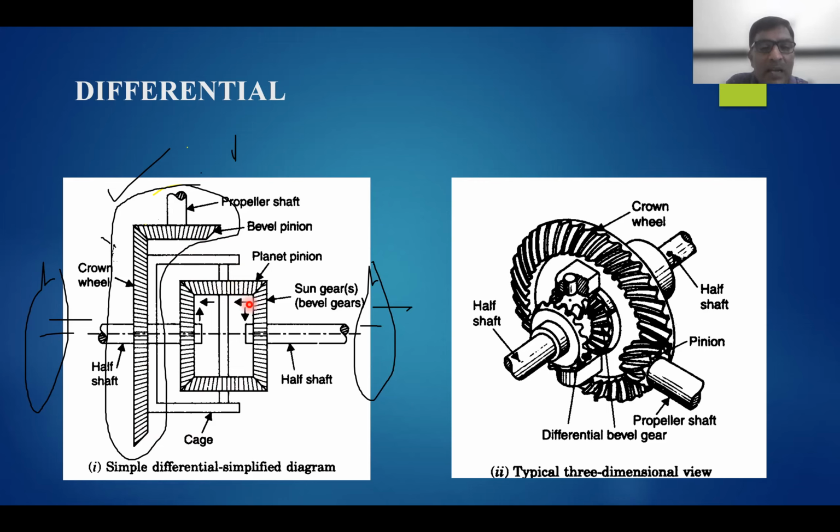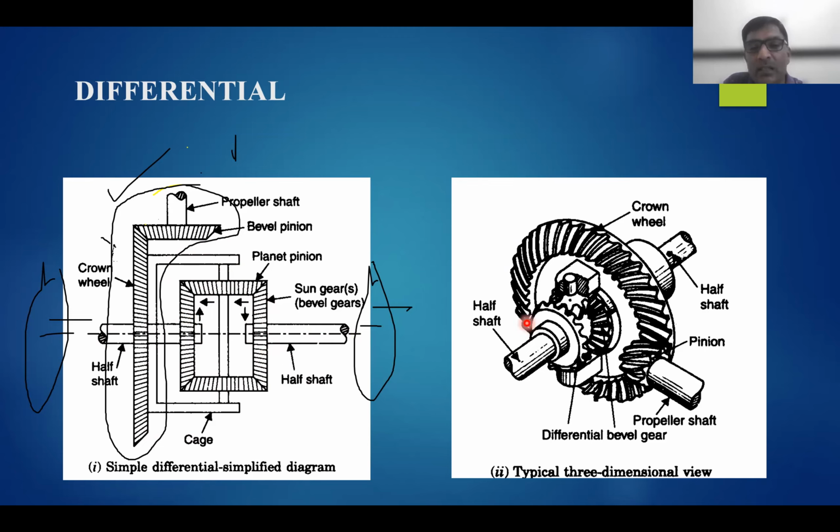And these planet pinions are in mesh with the sun gear, which is rigidly connected to the half axle. This is rigidly connected to this right half axle. So to rotate the rear axles, these sun gears have to rotate.